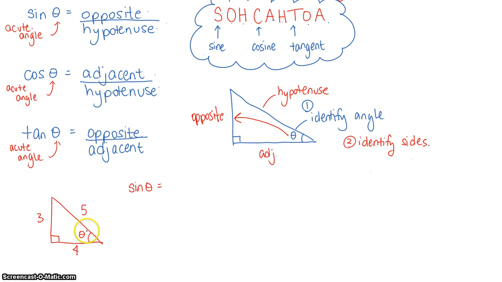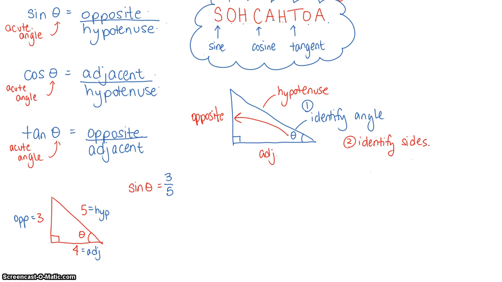So again, I've identified my angle, but I haven't labeled my sides yet. So the second step, based on this acute angle, the hypotenuse is going to be 5, my opposite is going to be 3, and my adjacent is going to be 4. So opposite over hypotenuse, 3 over 5.